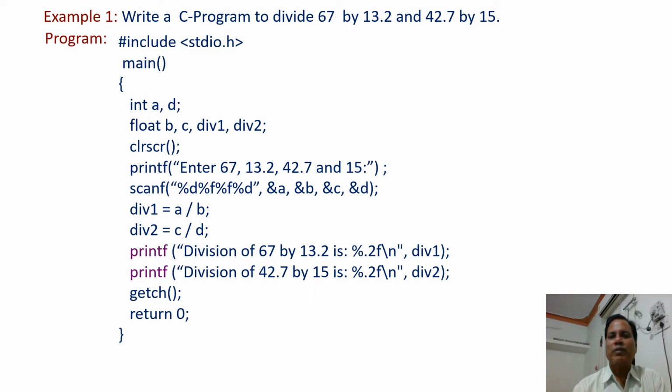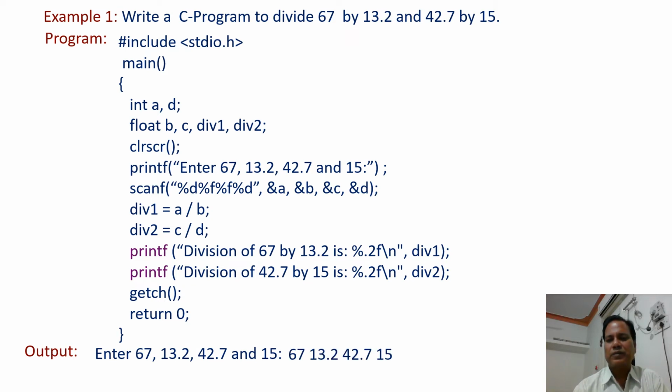When this program is run in the C compiler, we get the result like this. First, this message is displayed: enter 67, 13.2, 42.7 and 15, and the cursor blinks at the right side of the colon, and here we enter these data, 67, 13.2, 42.7 and 15, and once the enter key is pressed we get the output like this.